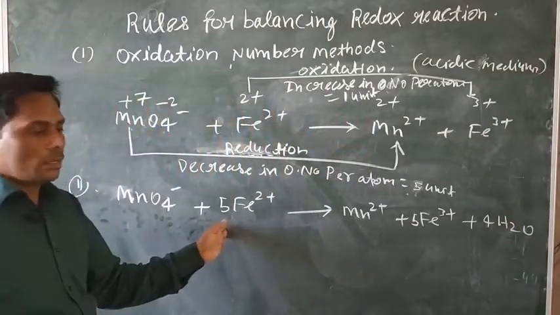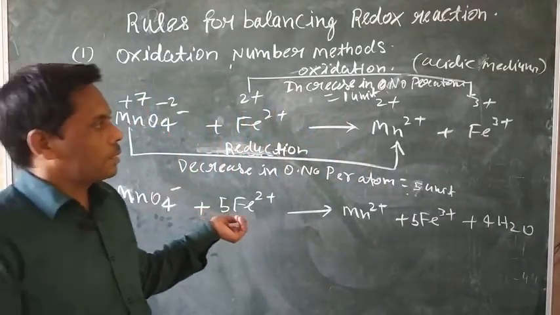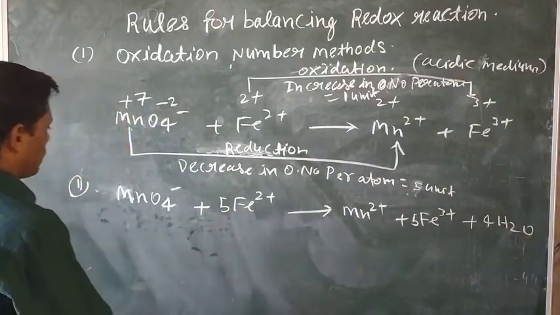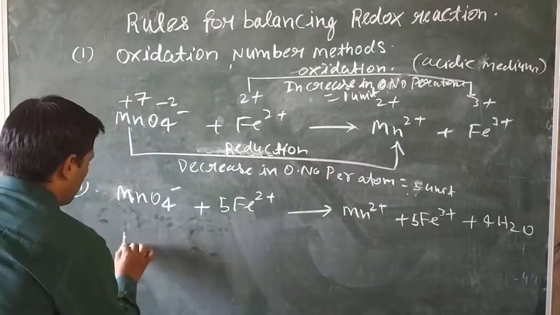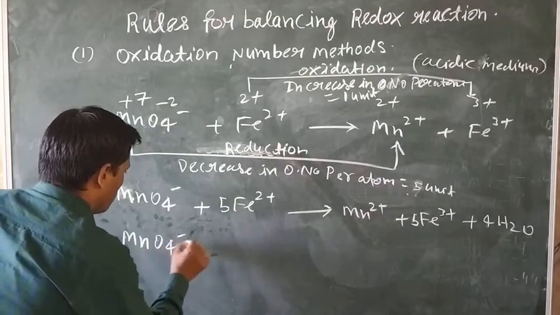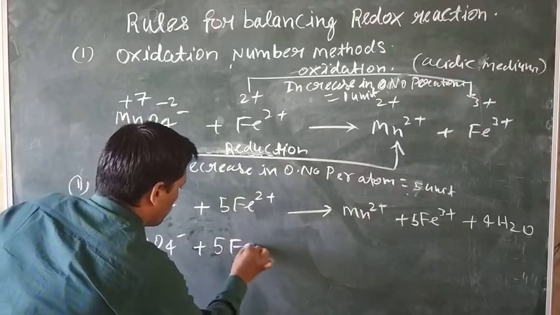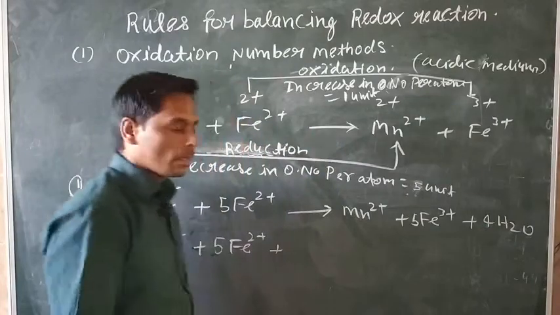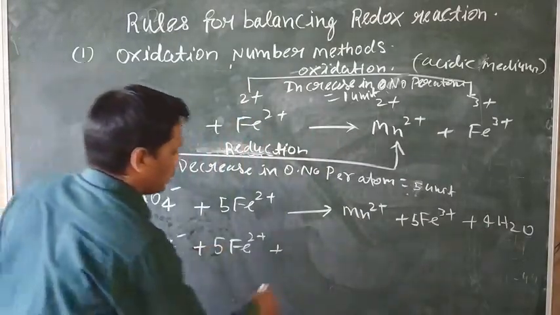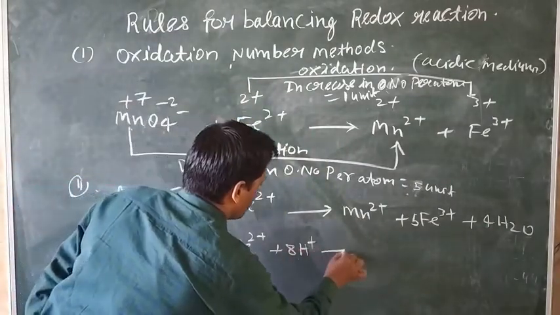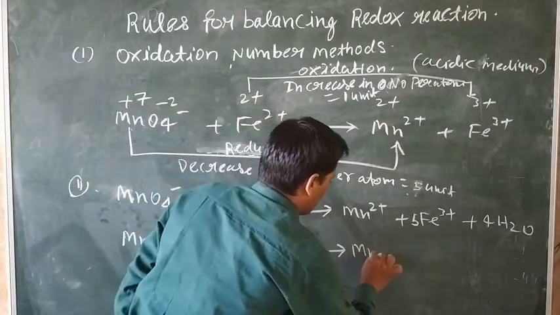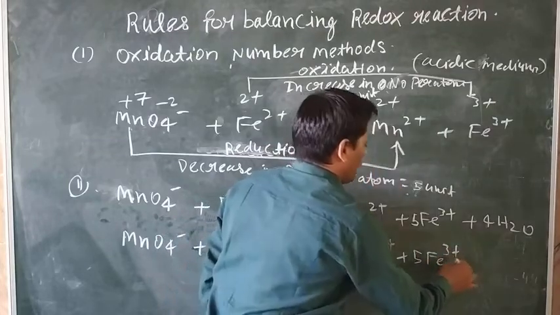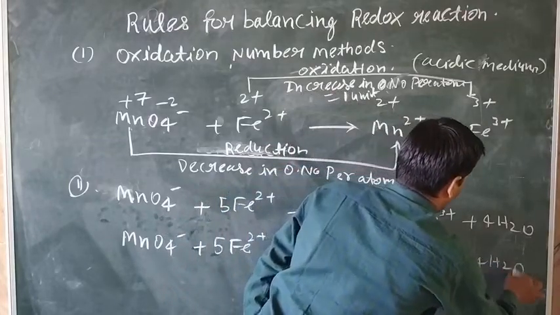To balance the hydrogen, if the reaction takes place in acidic medium, we add H+ ions. So we can write in the next step MnO4- plus Fe2+. To balance the hydrogen, there are 8 hydrogens, and since the medium is acidic, we add 8 H+ ions, and then write Mn2+, 5 Fe3+ ferric ion, and water molecules.